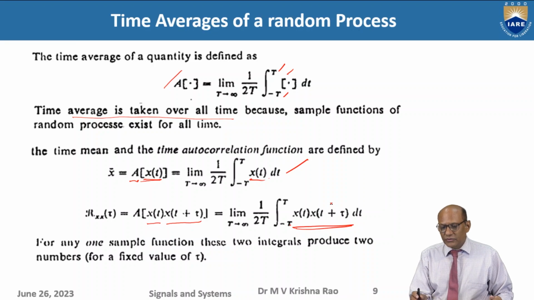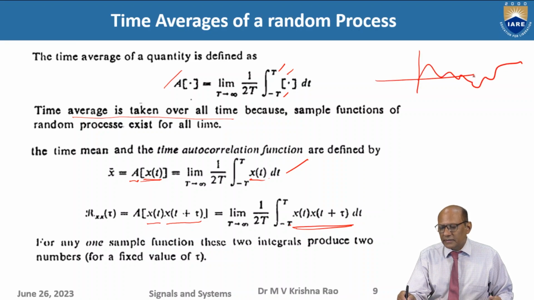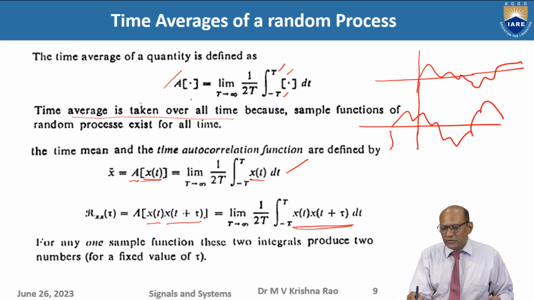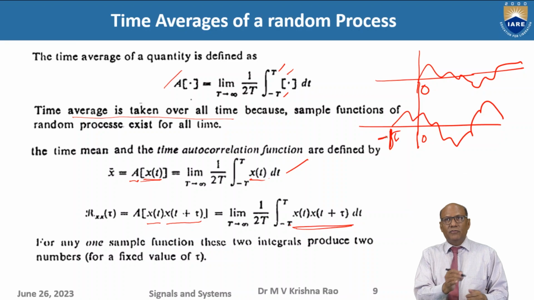In simple terms, I can take this waveform. Let us say this is a random waveform, without shifting. So let us say I have shifted towards this. This is the starting of the waveform, t equal to 0. So this shift is minus tau this side because it has come forward.